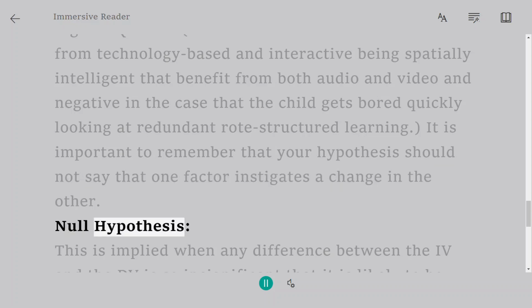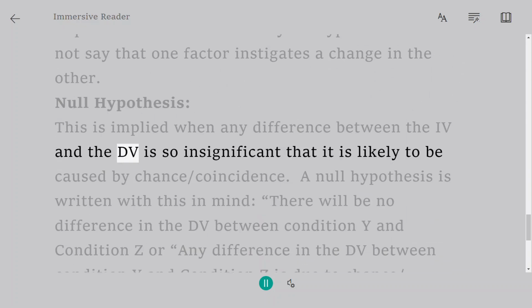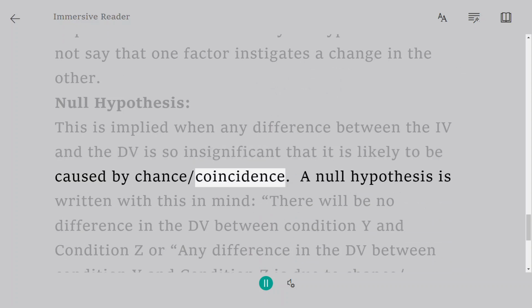Null hypothesis. This is implied when any difference between the IV and the DV is so insignificant that it is likely to be caused by chance or coincidence.